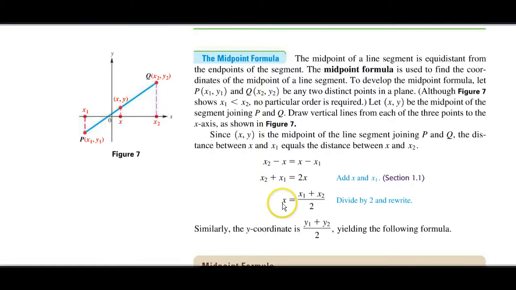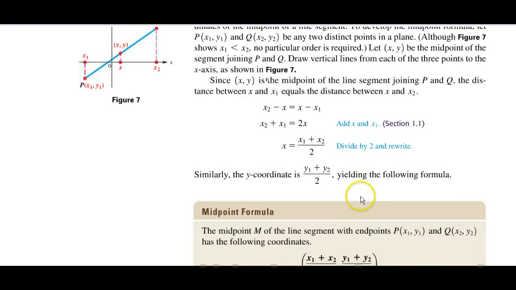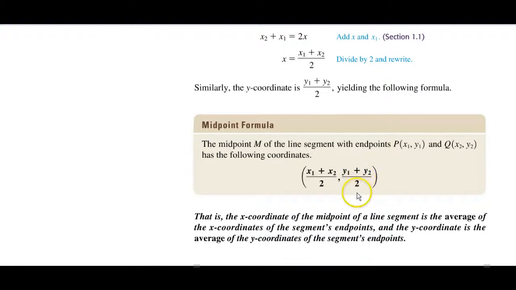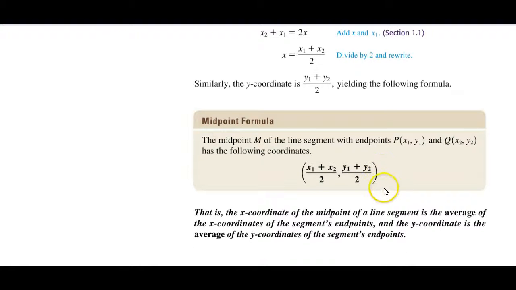If you want to find the average of your x coordinates, you're going to add your two x coordinates together and then divide by 2. And the same thing for your y coordinates. Add your two y coordinates together and divide by 2. So here is the midpoint formula. Add your two coordinates, divide by 2. Add your two coordinates, divide by 2. And now they'll give you some examples to work.